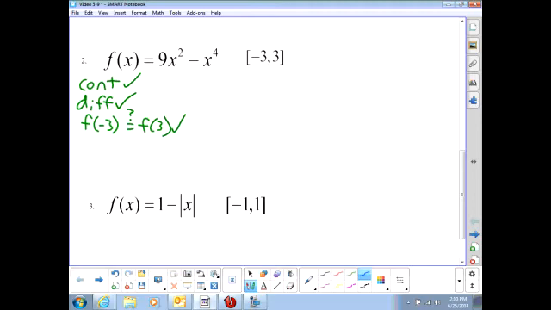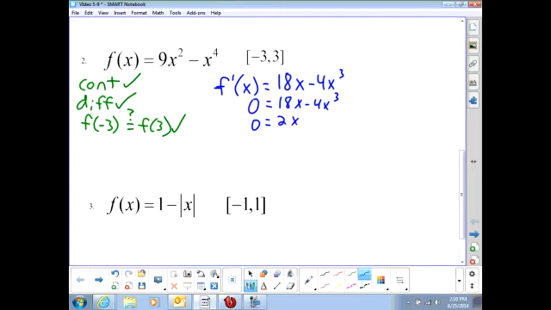So by Rolle's theorem, we now know that if we take the derivative, we should be able to set it equal to 0 to find a value of x where there's a horizontal tangent line in our interval. So our derivative will be 18x minus 4x cubed. We'll set that equal to 0. We can pull out a 2x, leaving us with 9 minus 2x squared.